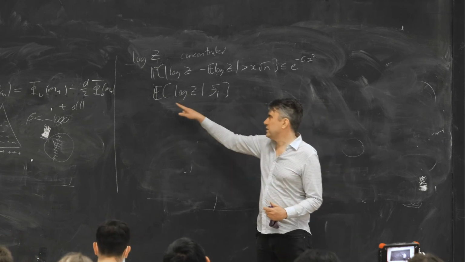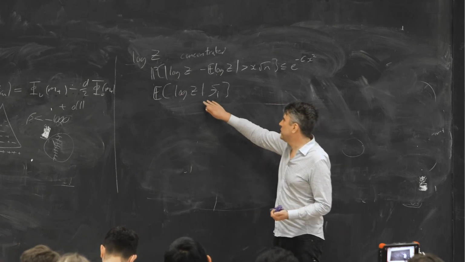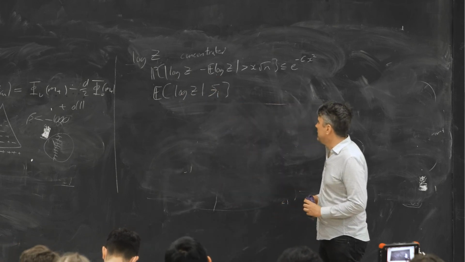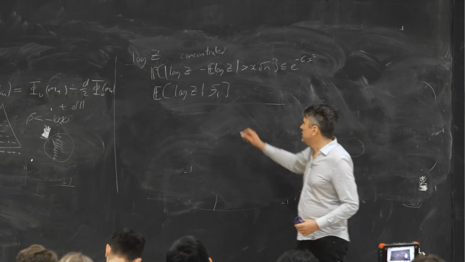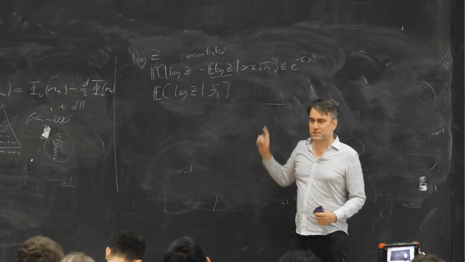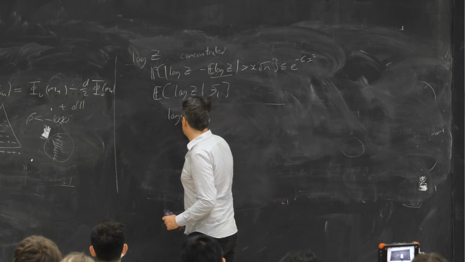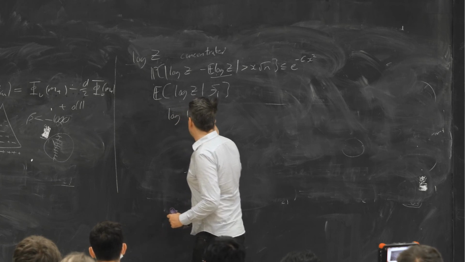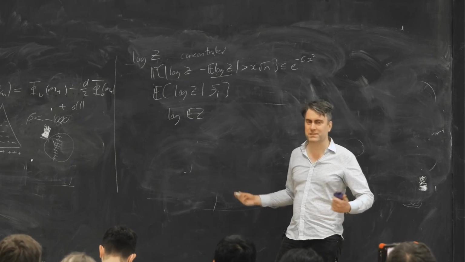And so this will be a martingale with bounded differences, and so the Azuma-Hoeffding inequality will say that log Z is concentrated around its expectation. But this is not something that's easy to calculate. The log of the expected value of Z is easy to calculate, or reasonably easy to calculate.